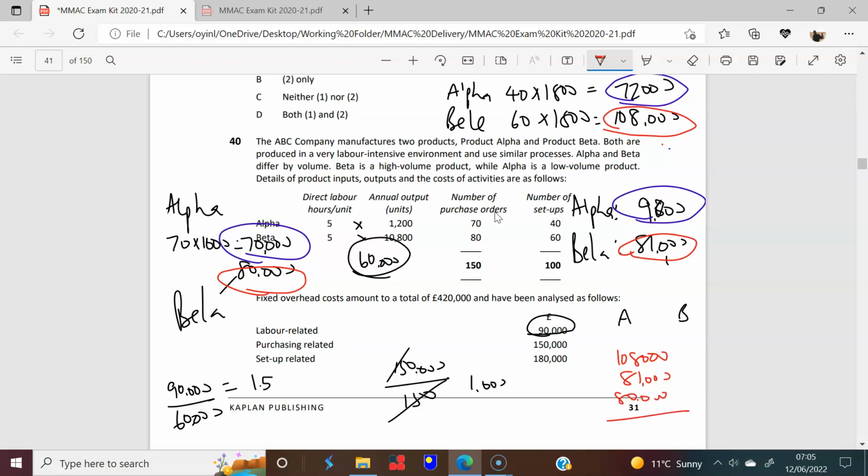Let me find this first. 108,000 plus 81,000 plus 80,000. That's 269,000, and I will divide that by the total number of units of beta, which is 10,800, because that's what it's asking me. What is the overhead per unit? 269 divided by 10,800, and that comes out at 24.9.